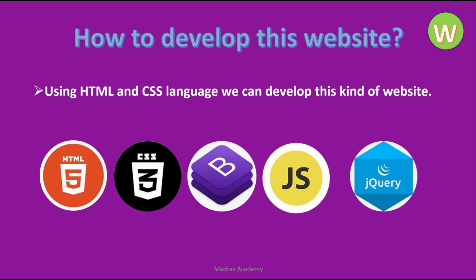For the web page we use other technologies here, like CSS, Bootstrap, JavaScript and jQuery. We will see how to implement these concepts in our web page. Practically we will do everything, and first we will see a short introduction to all these programming languages.